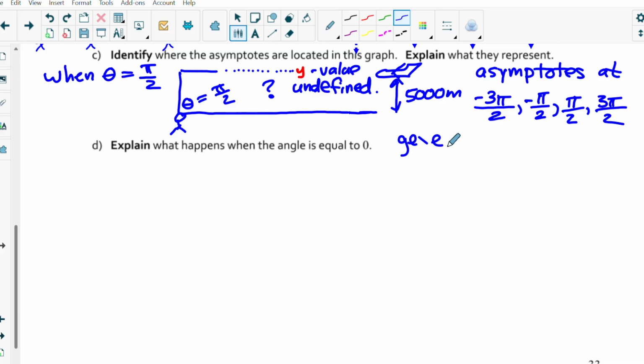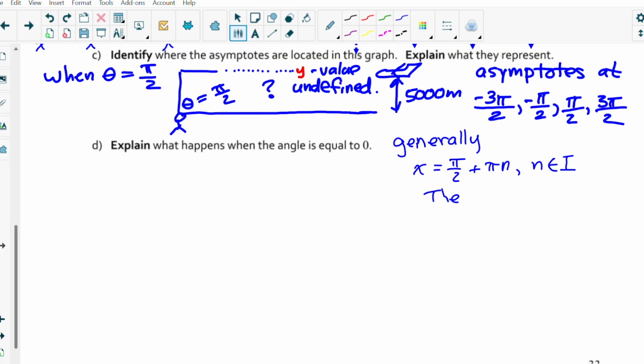Generally, my asymptotes have the equation x equals pi over 2 plus pi times n, where n is an element of integers.